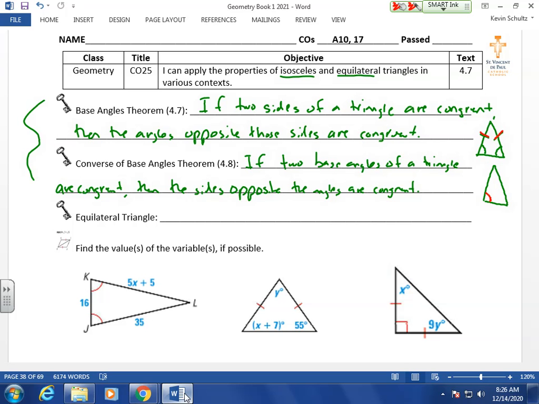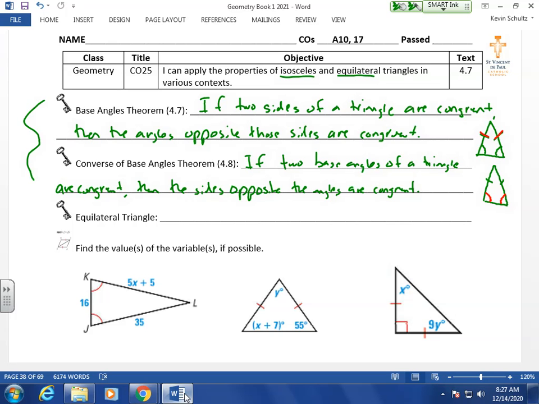So I'm going to put those in red. That's what we're told. That's what we're given. What we can then conclude is that those two sides are congruent as well. Okay, so it works either way. Two congruent sides means two congruent opposite angles. Two congruent angles means two congruent opposite sides. And that's what an isosceles triangle is.